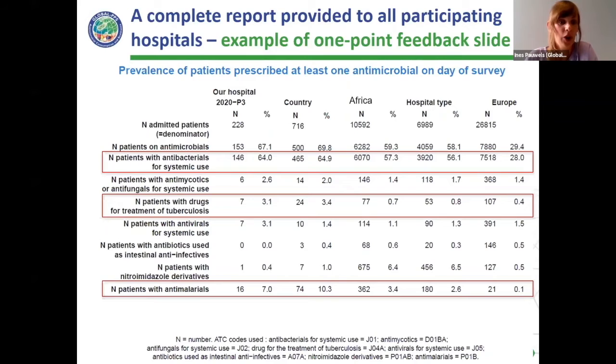As we talked about this morning, Global PPS also surveys anti-TB, anti-malarial, and antiretroviral drugs. So these prevalences, you can find them in the report as well. And then again, you have the benchmarking data.